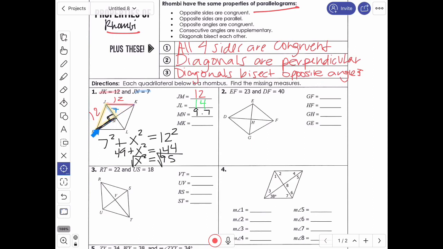So again, we don't know the diagonals are congruent, but we do know they're bisecting each other. So MN should be congruent to NK. Since MN is 9.7, I'm going to take MN and multiply it by 2 to get MK. So 9.7 times 2 equals 19.4.